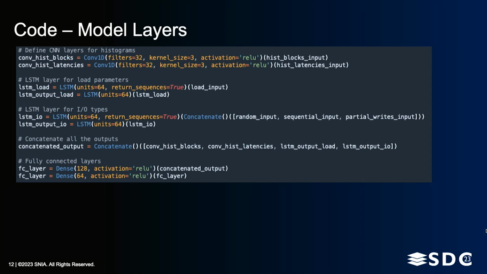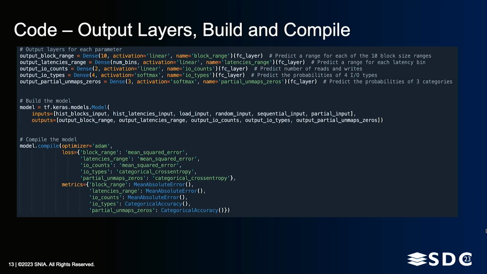And similarly for IO types, essentially random versus sequential, and detecting all the special IOs, we use the LSTM network. Then we concatenate all of them and pass on to a dense layer of 128 neurons, and then to another dense layer of 64. So this is our model layers, and once we have these, we define the output parameters. The output parameters are essentially the range of blocks, the range of latencies, and the IO counts.